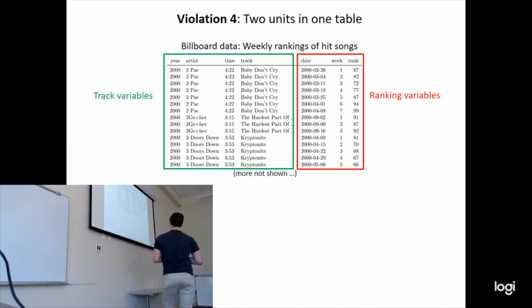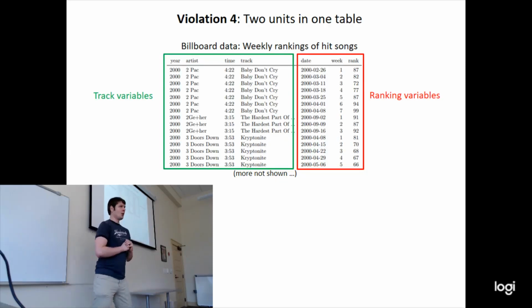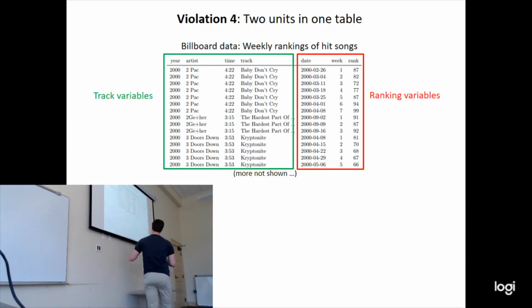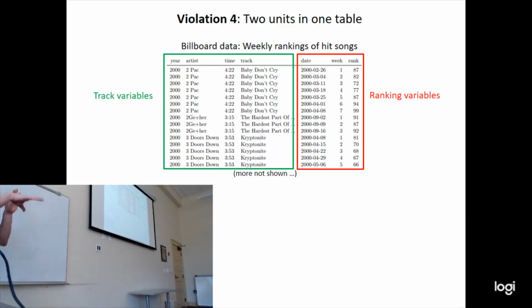So the week of the ranking, the dates, and so on. One tell that this is sort of like multiple observational units smushed together is that I have these repeated variables in the data set, or these repeated values, right? That's a common tell that you've got this nested structure.